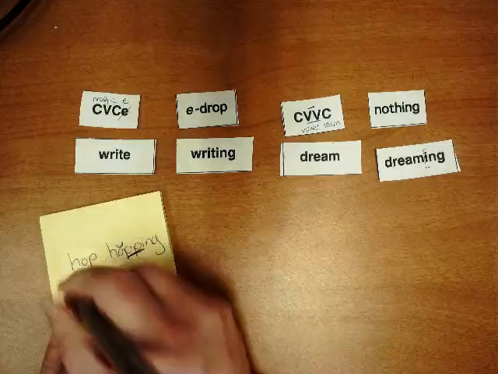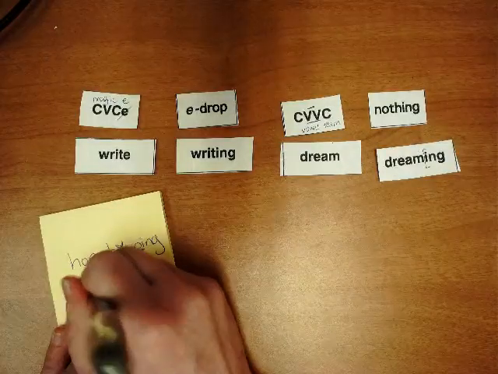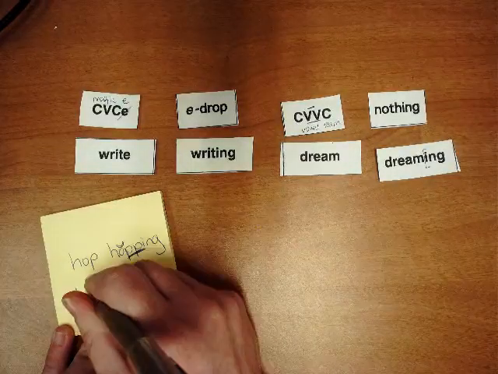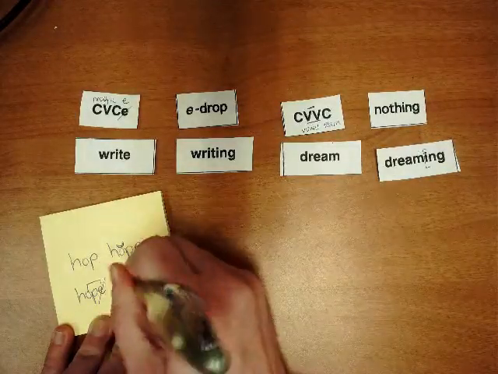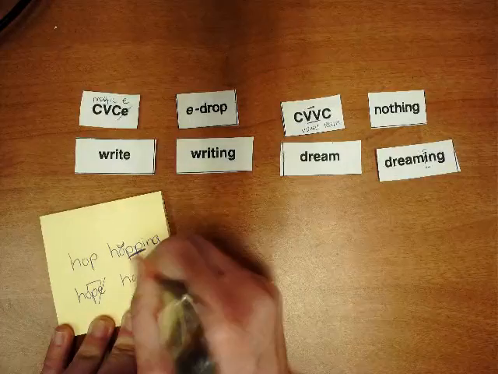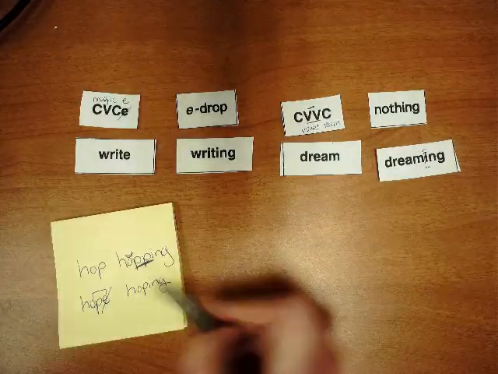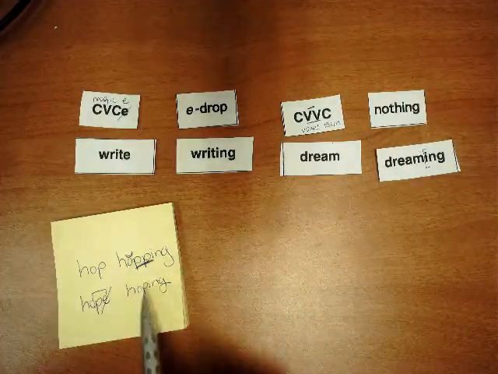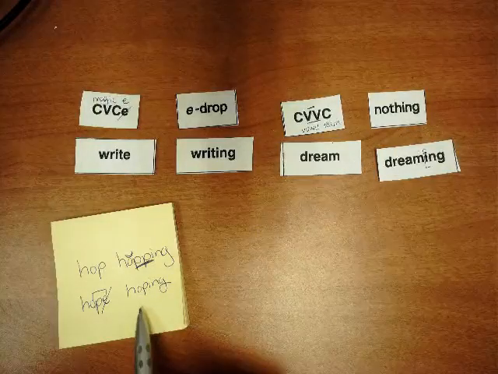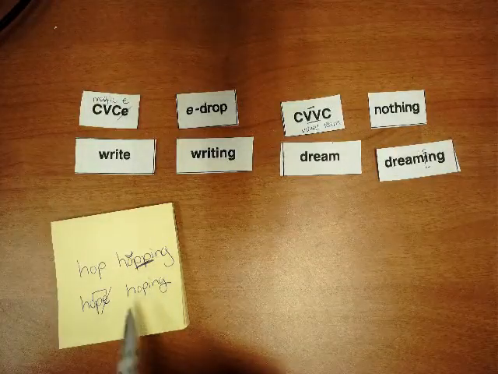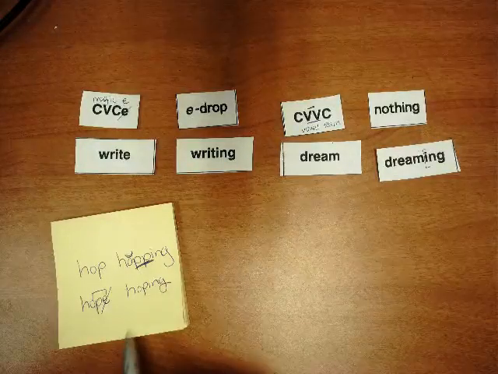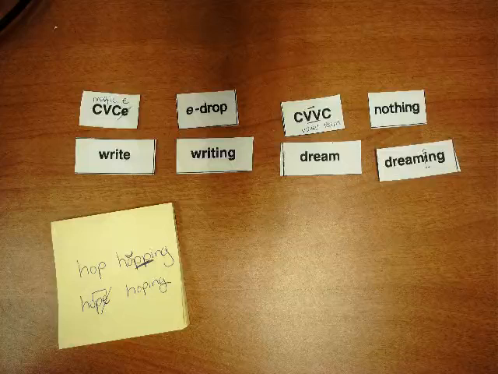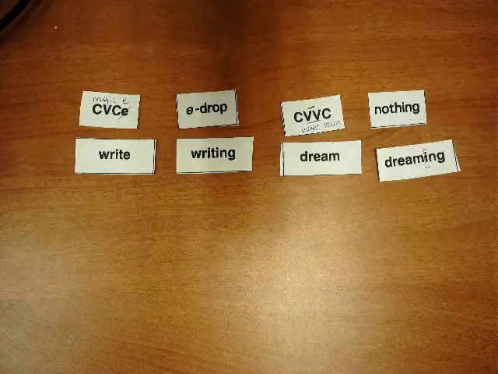Otherwise, you're going to get it confused with words like hope that have that silent E pattern, that you drop that E to make it hoping, right? So short vowel sounds have two consonants. Long vowel sounds, with that silent E pattern, we drop that E before adding that ing. So it's real important that we notice the difference between those two.